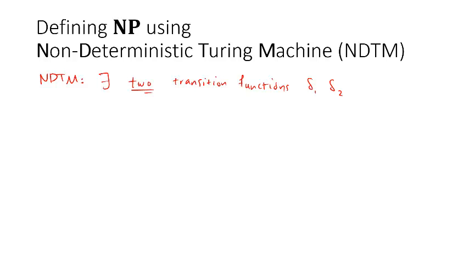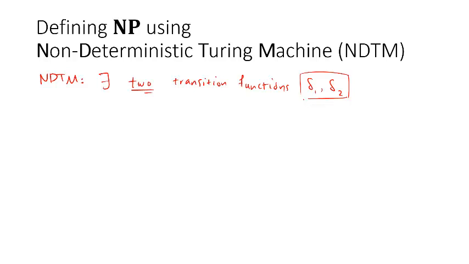What is important is that there is more than one way to proceed in every step. So the machine, at any moment, looks at the memory, it's in one state. It wants to decide what to write in that memory cell and which state it wants to move into. And it decides how to change the state of the machine based on one out of two possibilities, delta 1, delta 2.